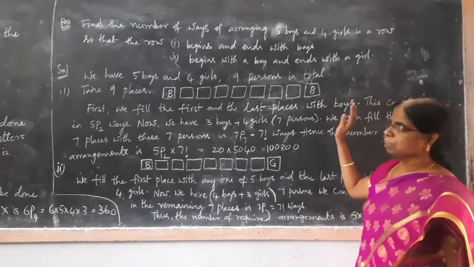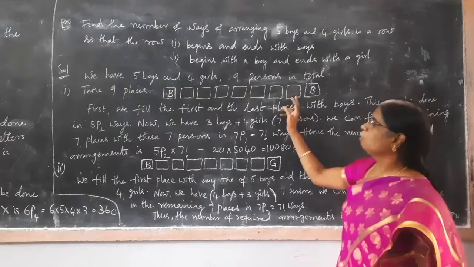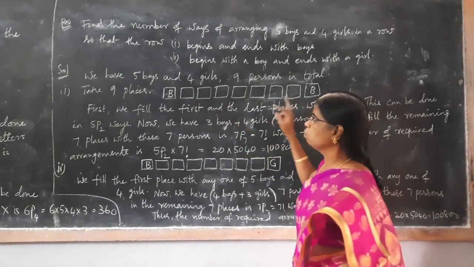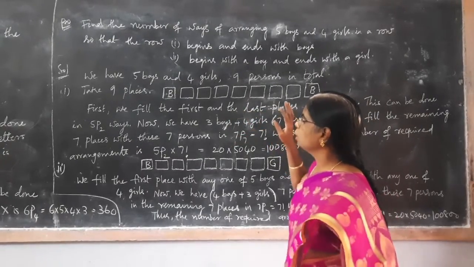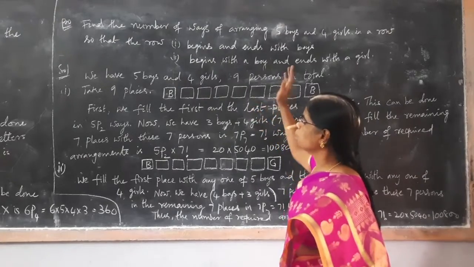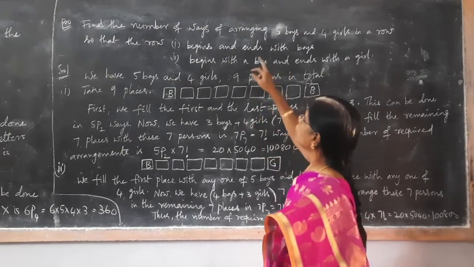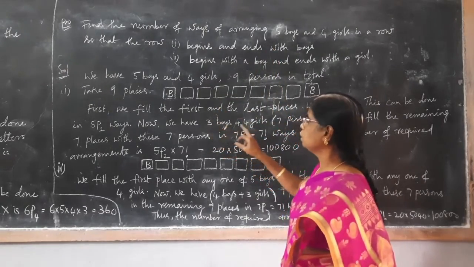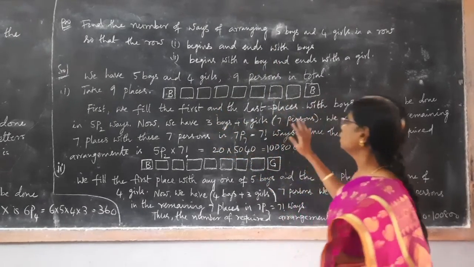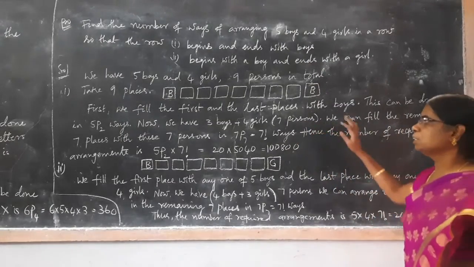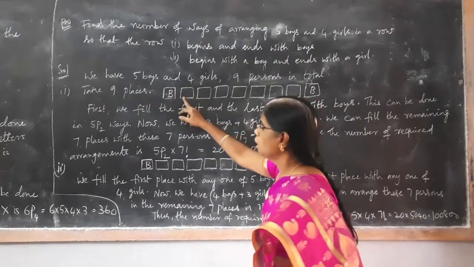After that, we have 7 places in between these first and last places, and we can fill these 7 places with the remaining 7 persons. After two boys have gone, we have 3 boys and 4 girls. So in total we have 7 persons, and using these 7 persons we can fill these 7 places.